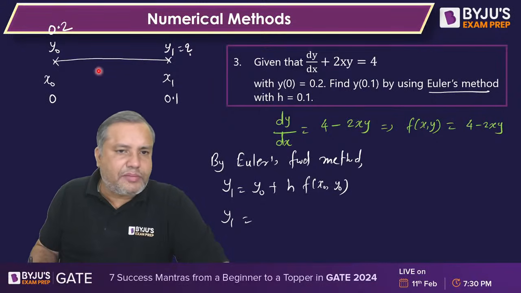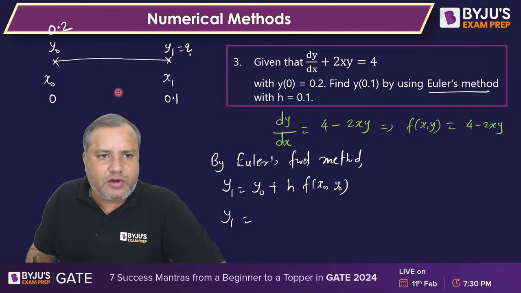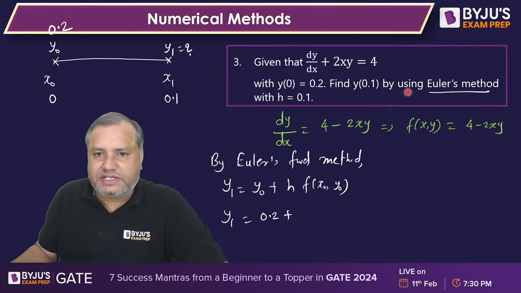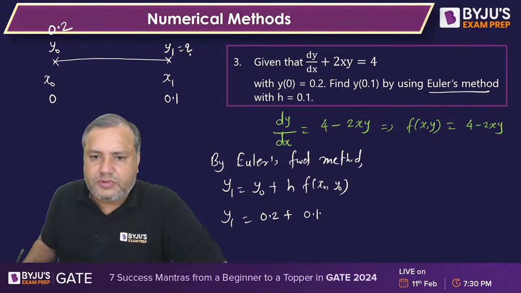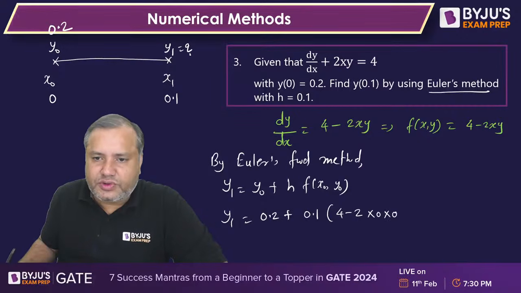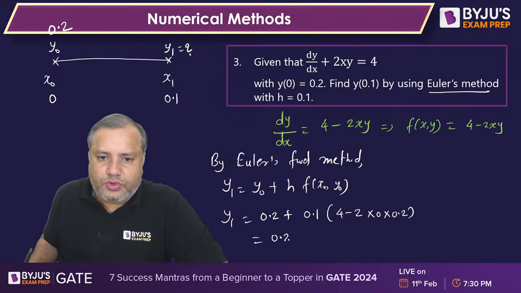Now you can see the number line and put the values here. y naught is 0.2, h step size is 0.1. Now in this function, you need to put x naught and y naught, that is 0 and 0.2. So 4 minus 0 into 0.2 is 4, and y1 is 0.2 plus 0.1 times 4, which is 0.2 plus 0.4.